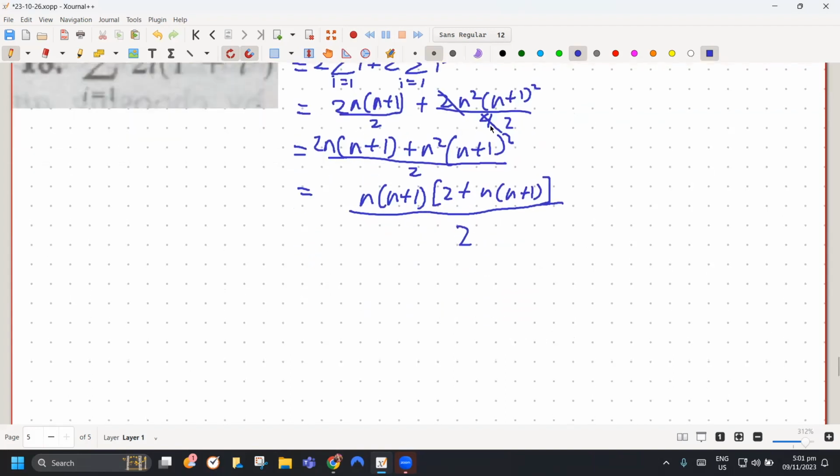Wala ka nang pwede i-expand mo yung n times n plus 1 dyan. N squared plus n. Pero wala ka nang simplification sa square brackets eh. Okay, so we're done with number 18. Yung number 19 naman. At pareho sila eh.